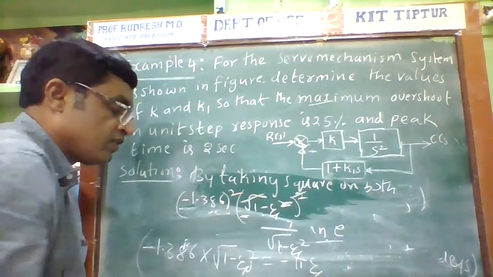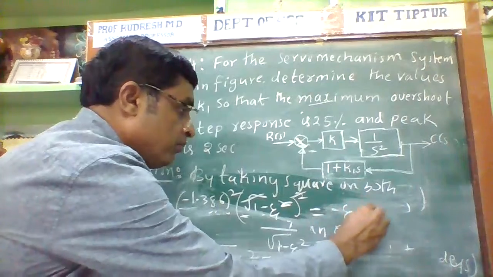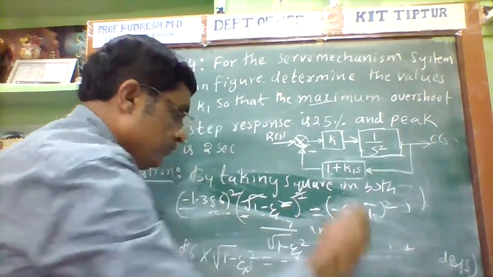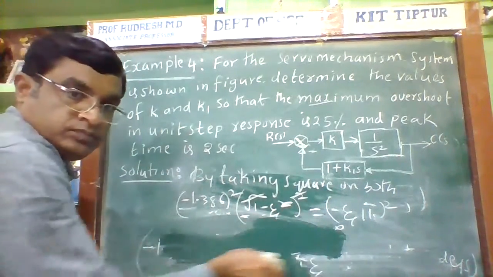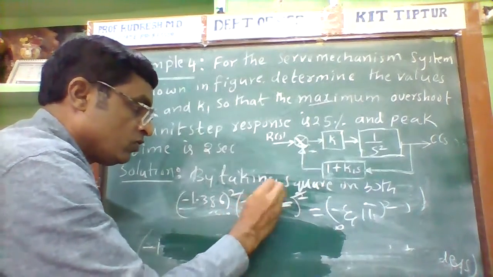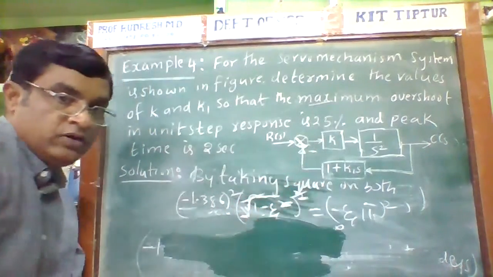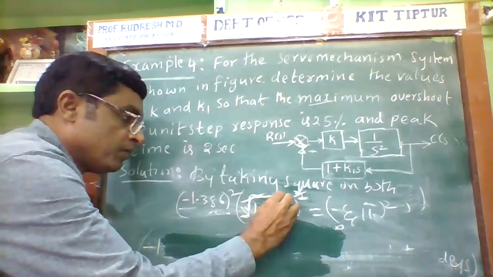The square root and the square get cancelled, and the remaining term is 1 minus zeta square.